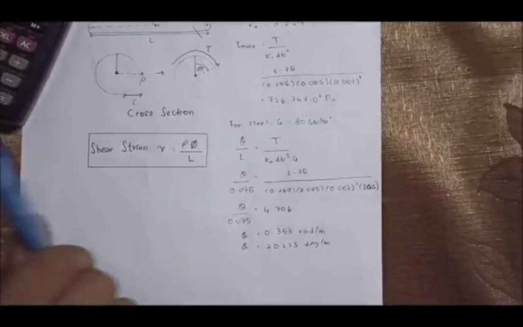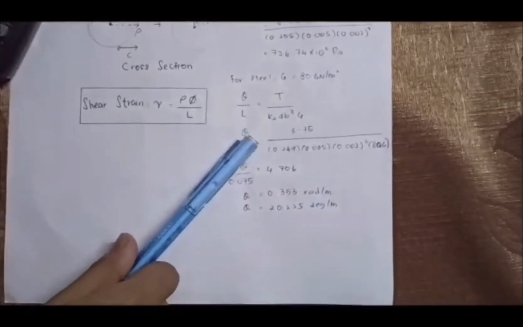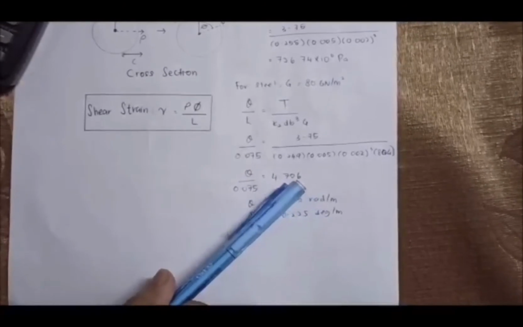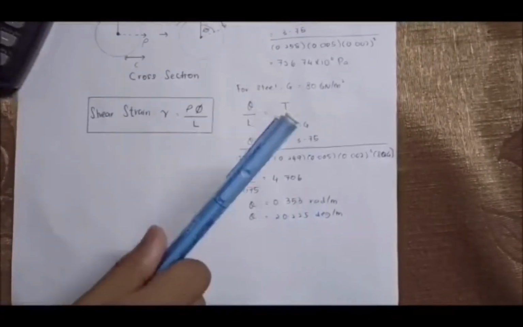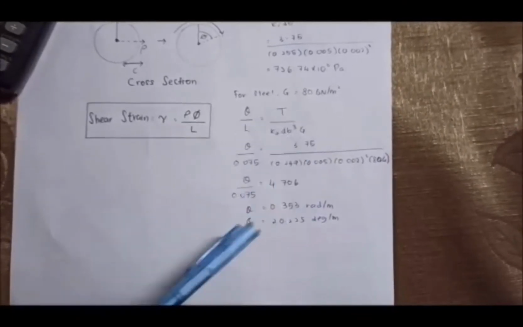The value of G, shear modulus for the steel, is 78 gigapascal, and we round off the value, we get the 18 giganewton per meter squared.